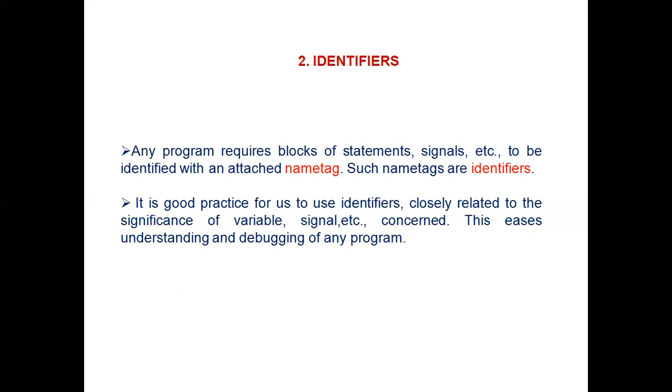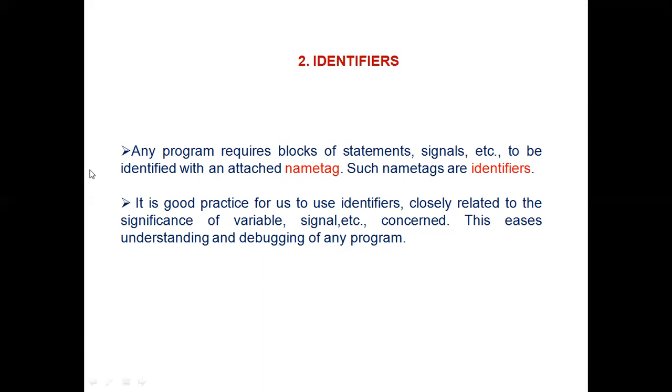We define some module, and inside the body of the module we define some statements. Sometimes these statements are to be identified with name tags. Such name tags are called identifiers.